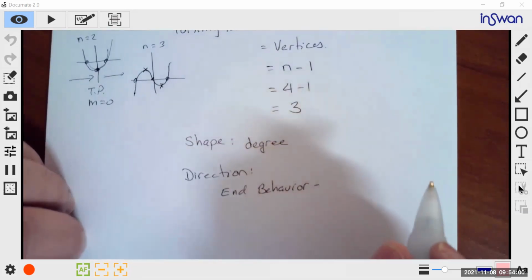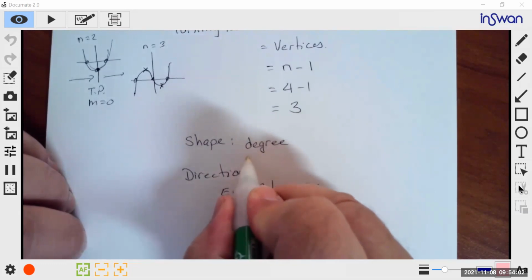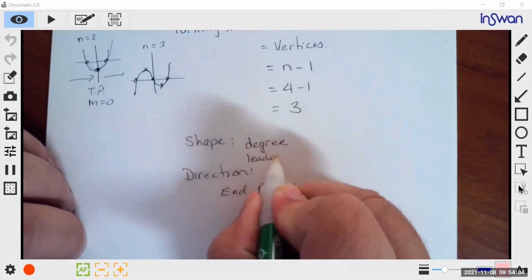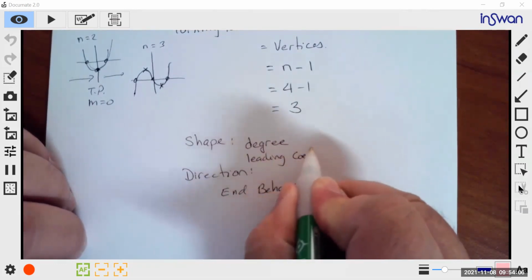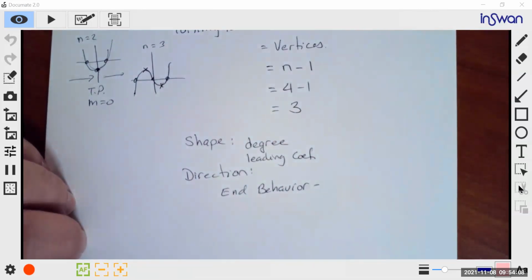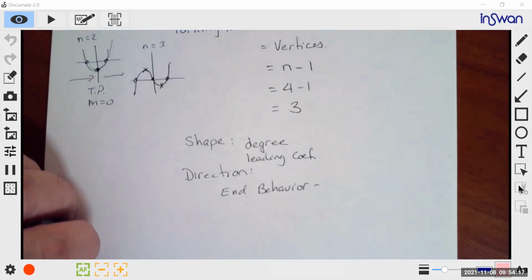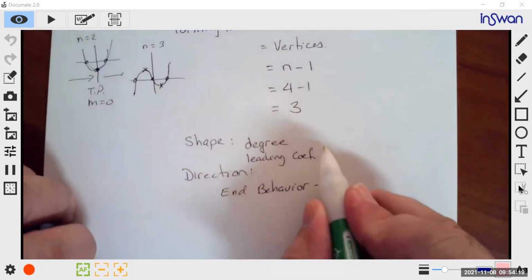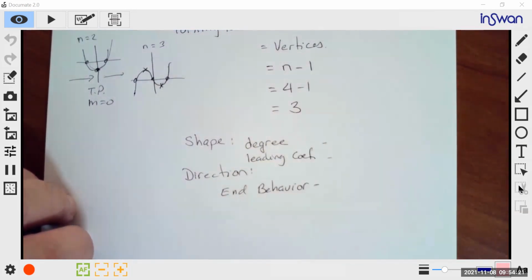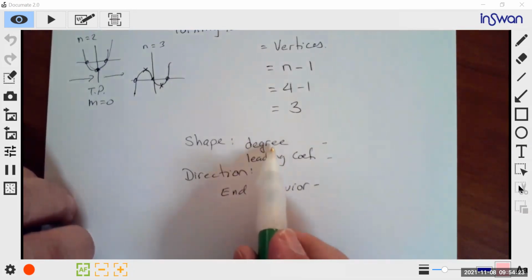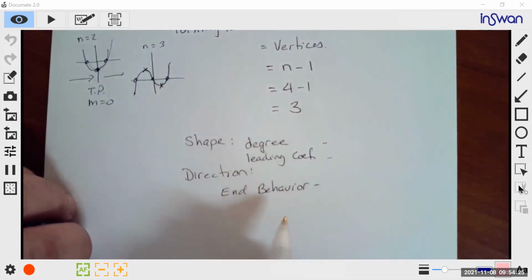The degree and the leading coefficient. So how does degree help us?